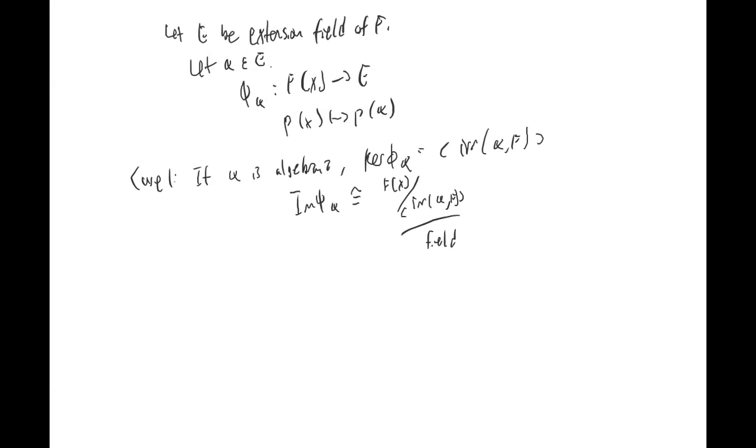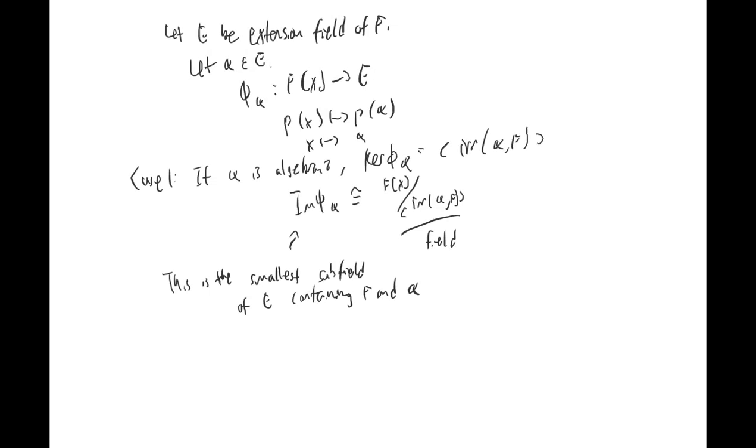So basically there's a name for the image of phi alpha. This is the smallest subfield of E containing F and alpha, right? Because certainly F and alpha are in there, since x maps to alpha.